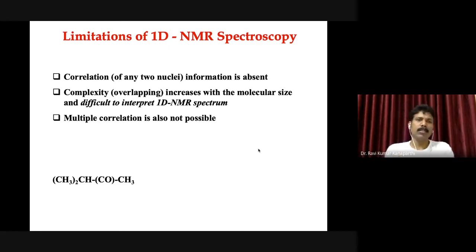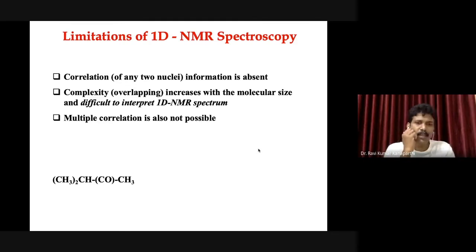Then let us go to the discussion of the limitations of 1D NMR. Only when you understand these things will you appreciate two-dimensional NMR spectroscopy, right? One of the major problems with one-dimensional NMR spectroscopy is this. The first point: the correlation information is absent. What do I mean by correlation?